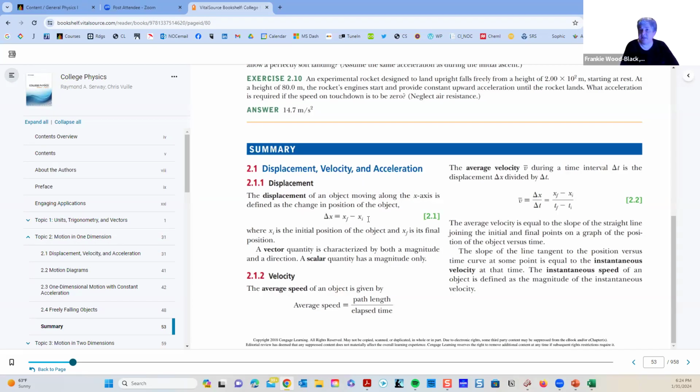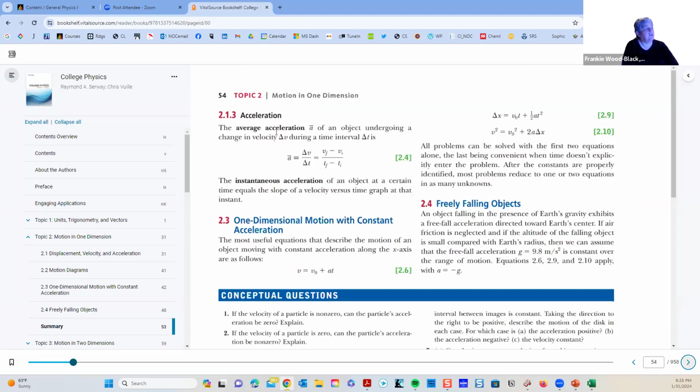There's our displacement. Here's our average speed, total distance traveled divided by time. Here's our average velocity. Then as we go through the pages, you get your other equations, and these are the 3 equations that we got into our toolkit.